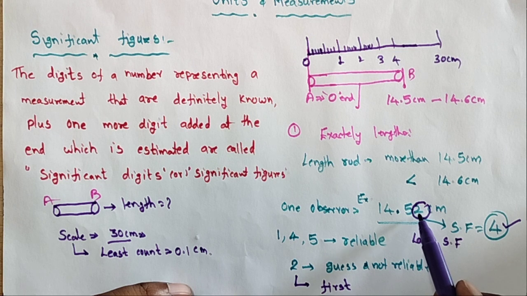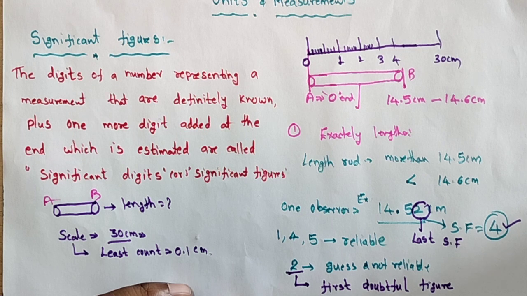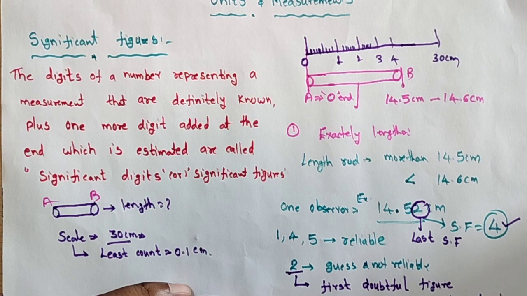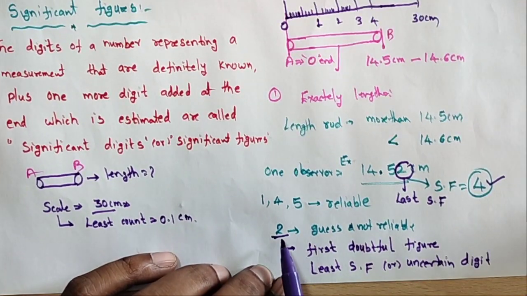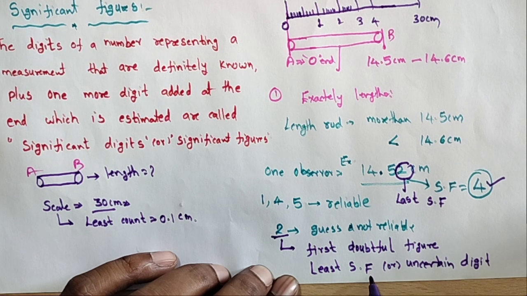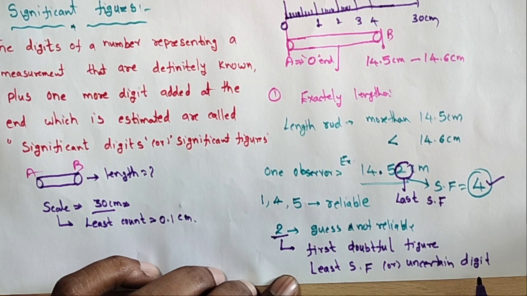What is the last significant figure? 2. This last significant figure 2 is called the first doubtful figure, or least significant figure, or another name, uncertain digit.